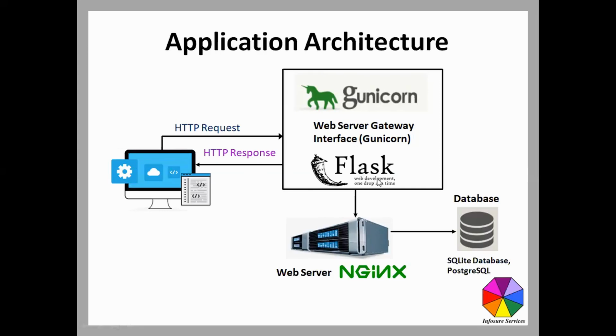Though this is Flask, Flask and Django are both based on model view template architecture. And here it shows Gunicorn. That's a production grade application server. So then your Django can run on any such WSGI.